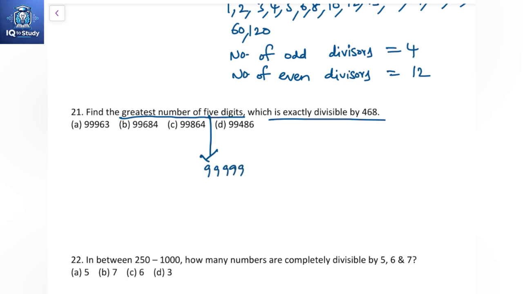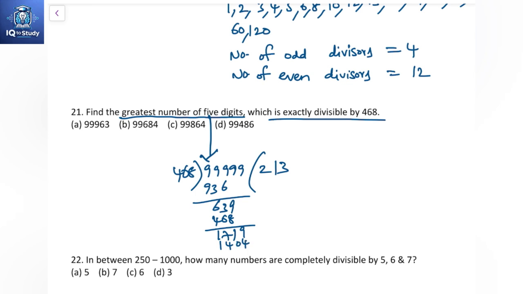When divided by 468, let's take 3 terms here. 468 twos, 936, and left over is 63, and take 9, and 468 ones, 468, which is 171, and take the leftover 9, and 468 threes, 1404, and the remainder is 315.